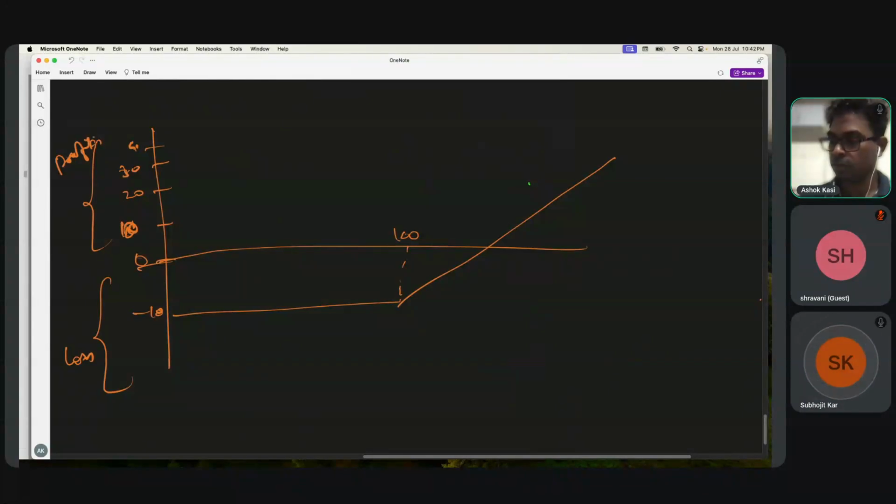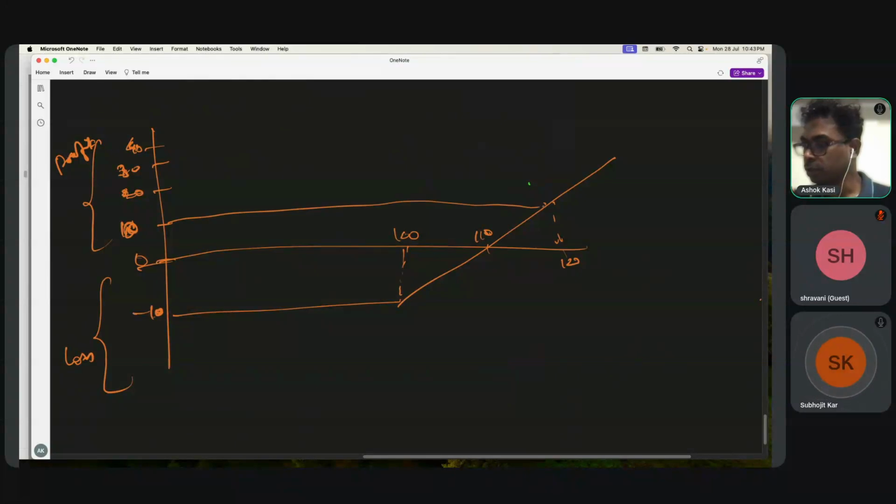Now this is called break even, 110. So as the price goes to 120, this is 10 rupees profit here.